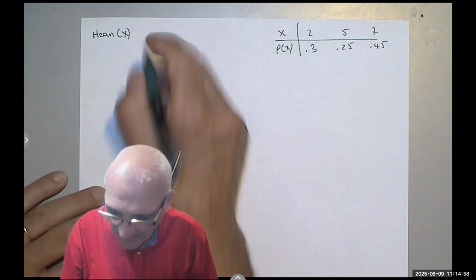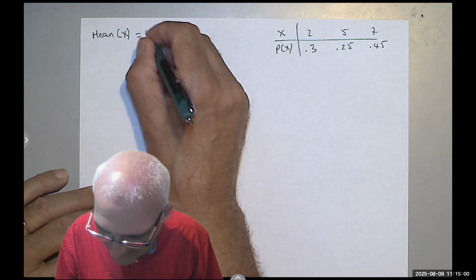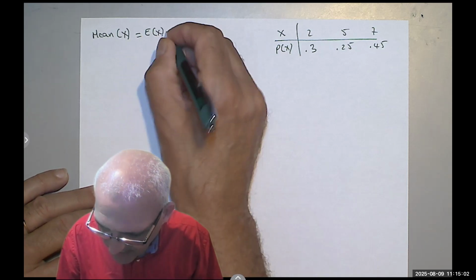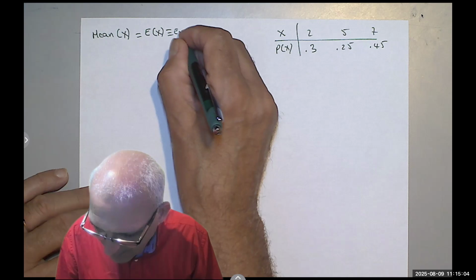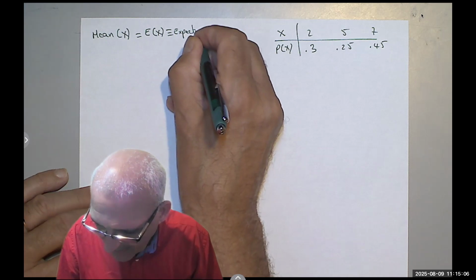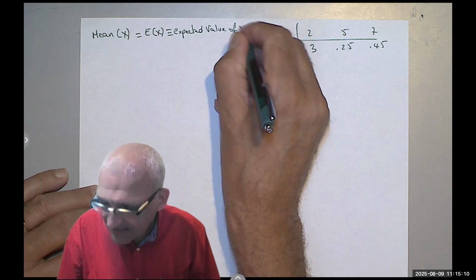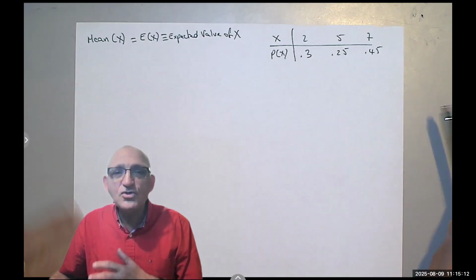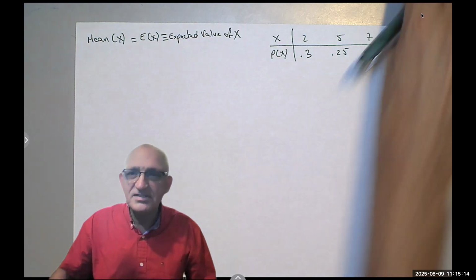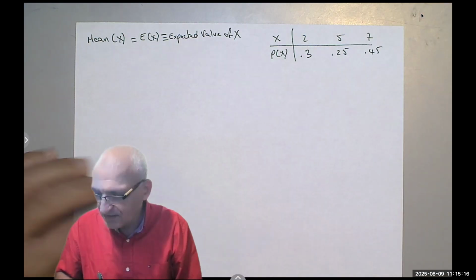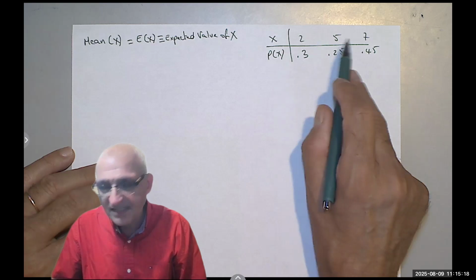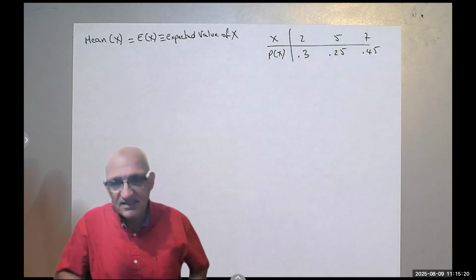We call it the mean of x, or E of x, where E stands for the expected value of x. The expected value of x most of the time, 99% or 99.9% of the time, will never be exactly 2, or exactly 5, or exactly 7.